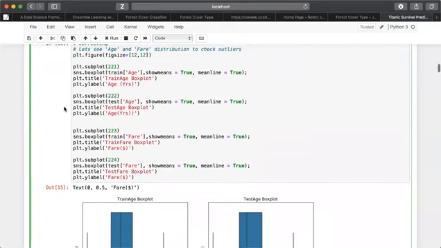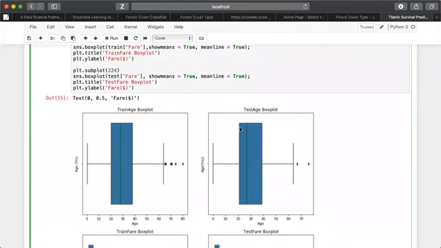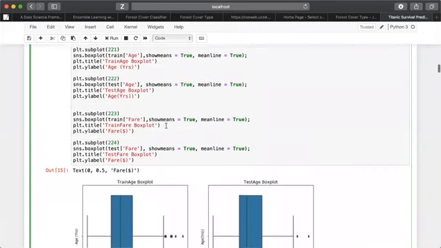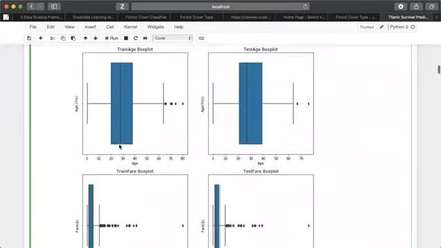I have used subplot 2, 1, whereas 2 is the number of rows and 1 the columns, and the first plot. I have plotted train age and test age, and thereafter I have plotted fare in the box plot. These are the plots which are available.